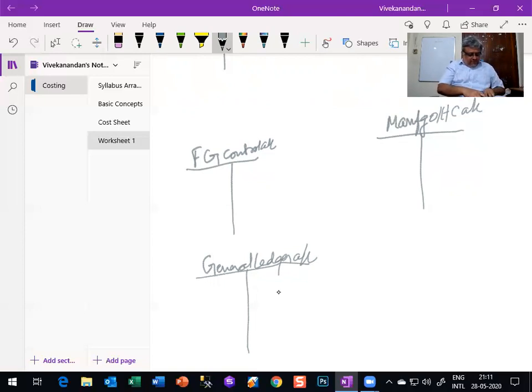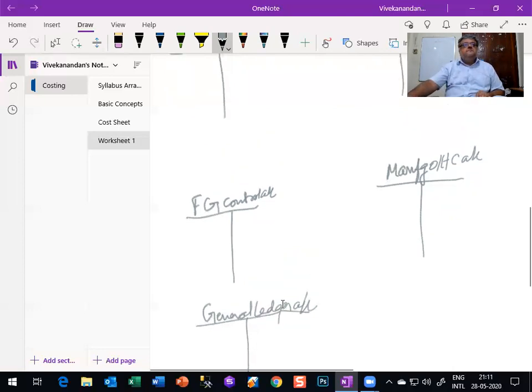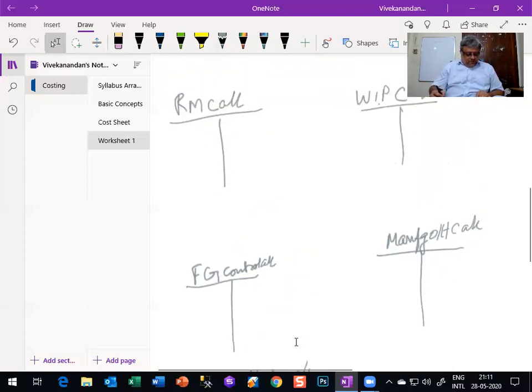So now we will bring out the balances. Raw material, what is the opening balance? Brought down 301,435. How much is work in progress?